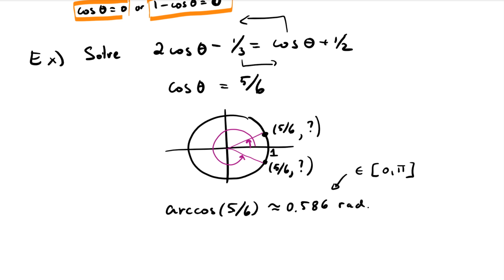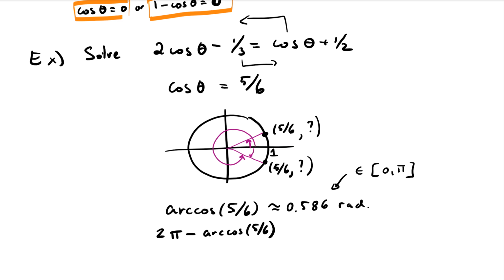If I want to get the other one, I have to realize that by symmetry, the other angle is 2 pi minus the arc cosine, minus the angle I found previously. So this angle here matches the smaller one above.